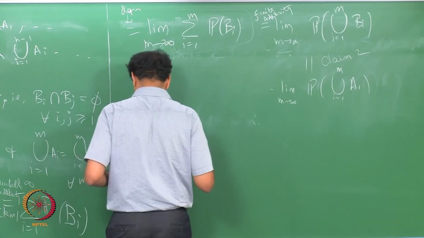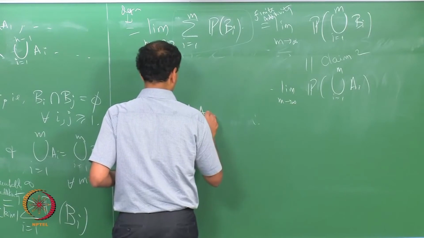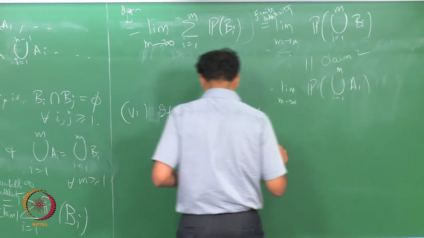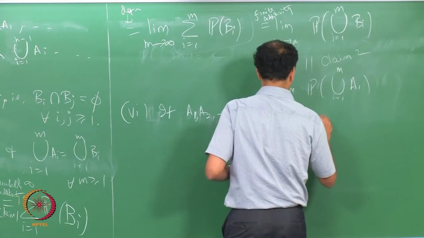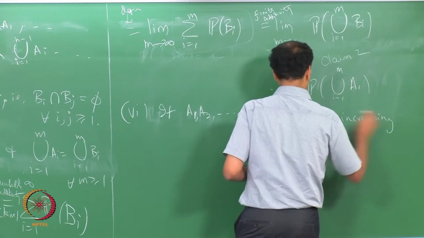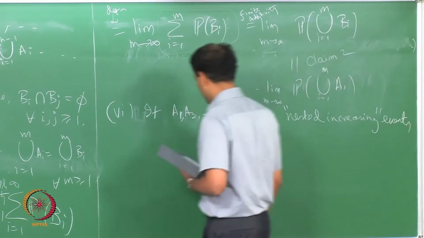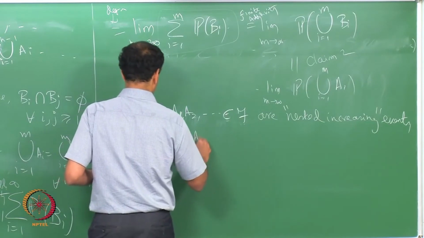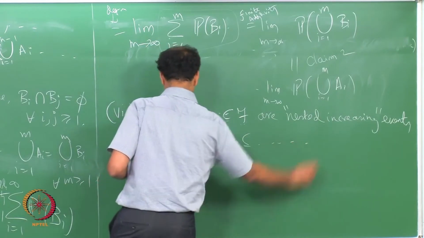If A1, A2, and so on are nested increasing events, i.e. A1 is contained in A2 is contained in A3 and so on.